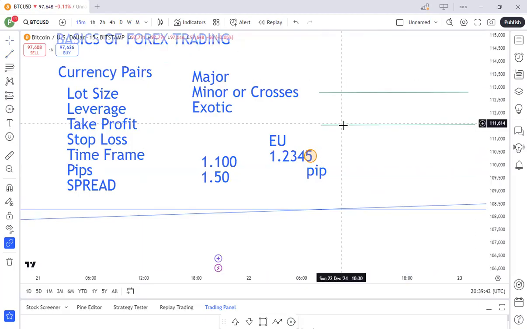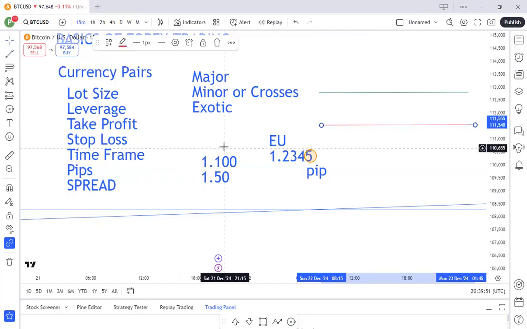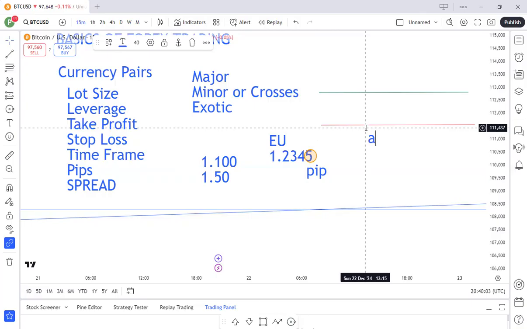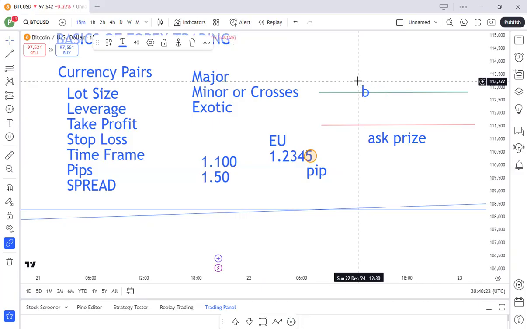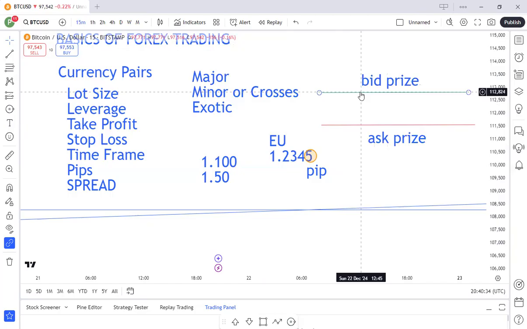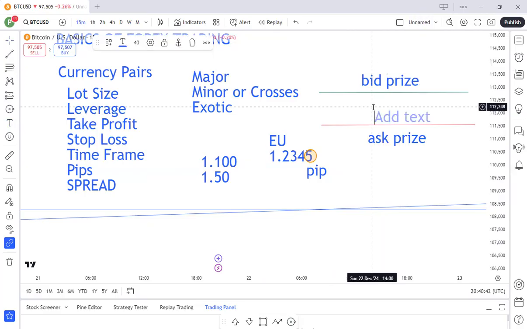The ask price is always the one below. So the distance, the space between the ask price and the bid price here is called the spread.